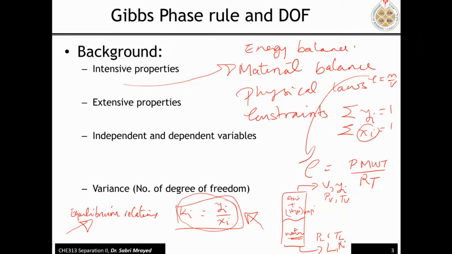Okay, good. Now the last thing, which is related to the variance or number of degrees of freedom, is the number that we try to determine. It will give me the number of parameters that I must specify in order to identify my system. When we say identify the system, I think we mentioned that before in Chem 111 when we talked about the degrees of freedom in chapter 4.